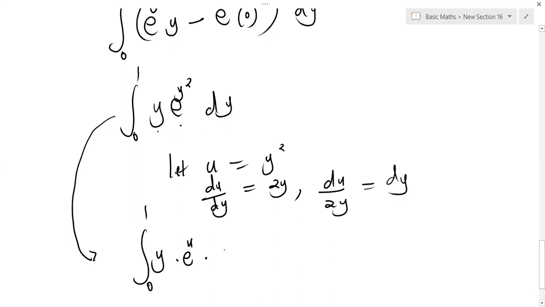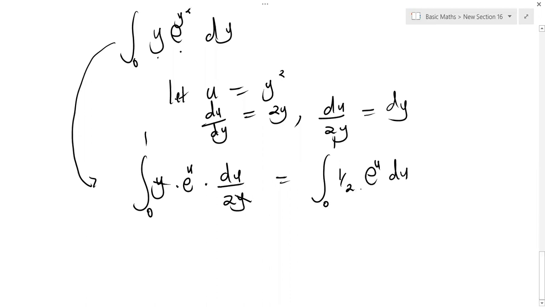So we come and replace dy with du over 2y. Evaluating this, y will cancel with this so that we have integral from 0 to 1 of a half e^u du. So you see the substitution has simplified this so that now it's integratable.